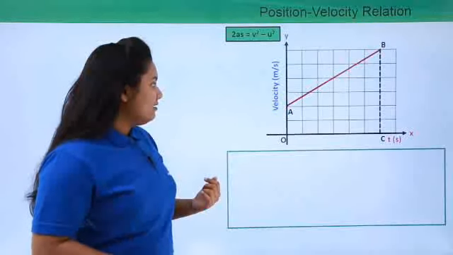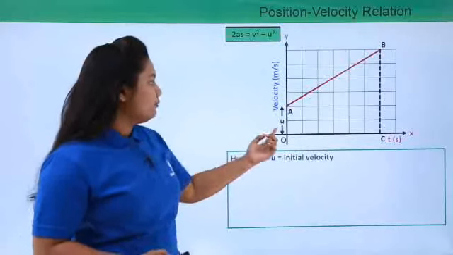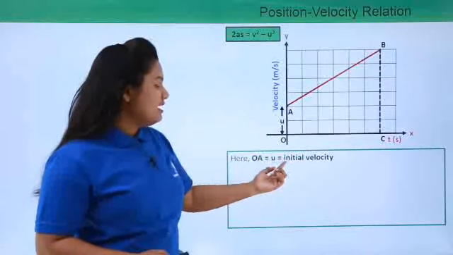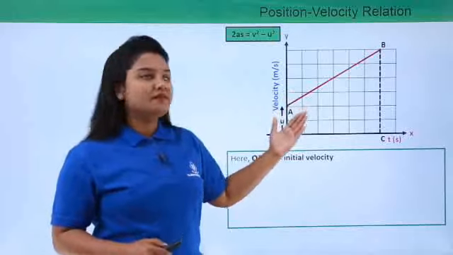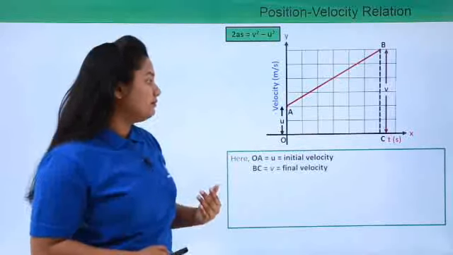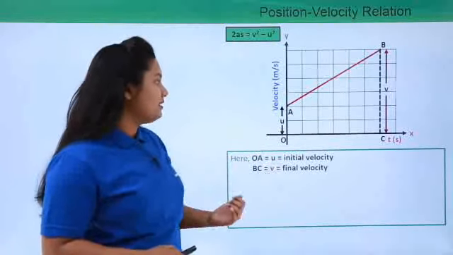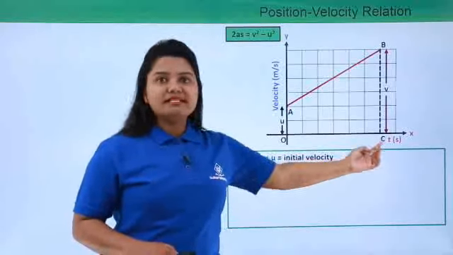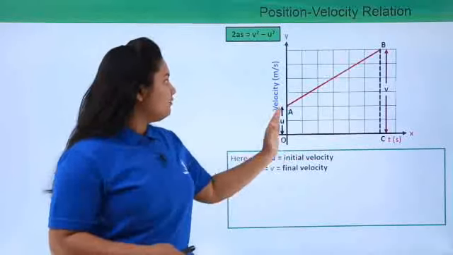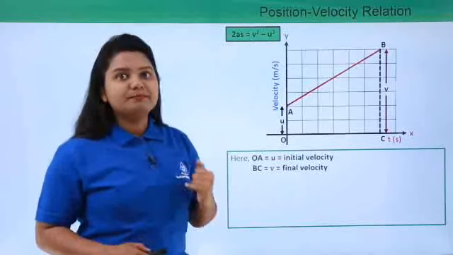So OA will be equal to u, that is the initial velocity, and the final velocity of the body is given by the length BC, which is v, and OC denotes the time taken by the body from point A to reach point B.